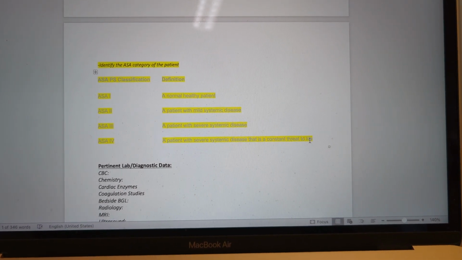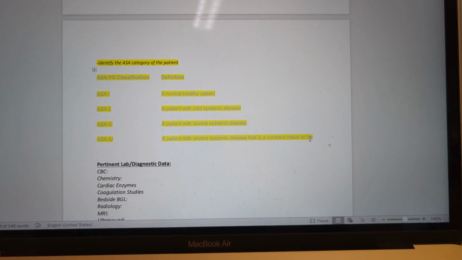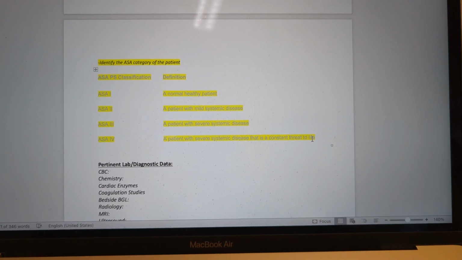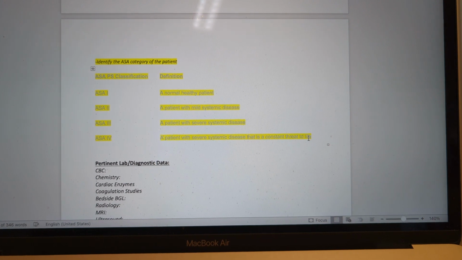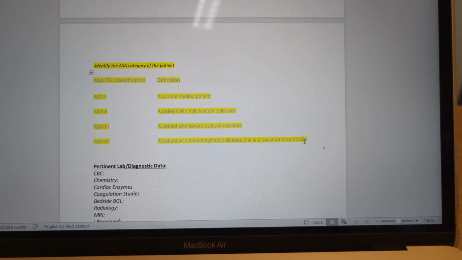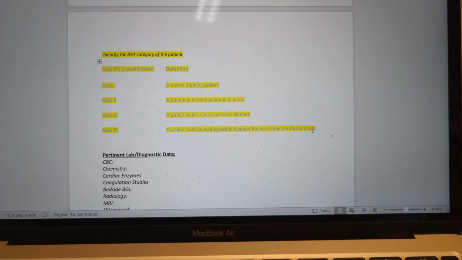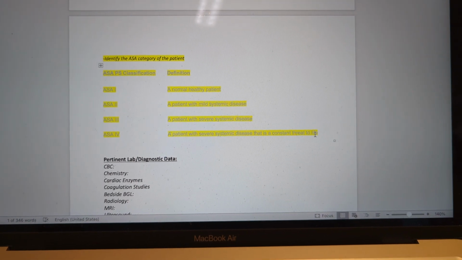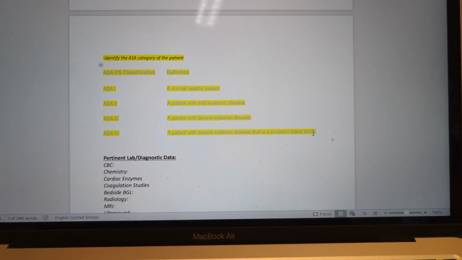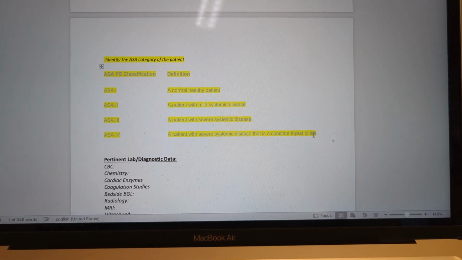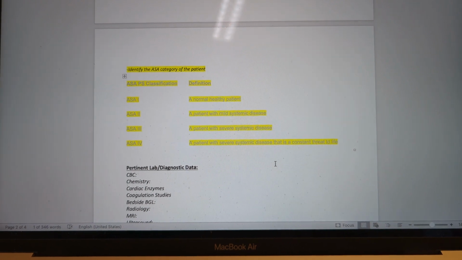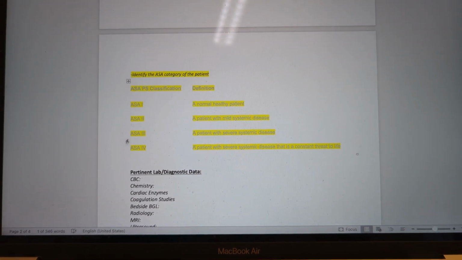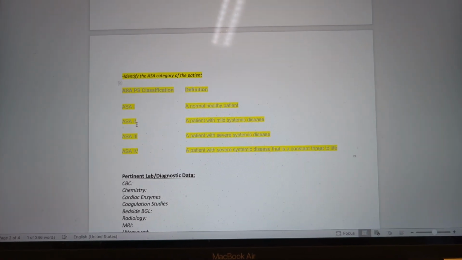There's a category 5, and that's essentially a moribund patient, a patient that's near death that will not survive the next 24 hours without surgery. And then category 6 is a patient who has been declared brain dead, and this is a patient that's going to be going in for organ harvest. Those kinds of patients will not be patients that you will be interfacing with. So most of your patients should fall within ASA 2 or 3 categories.